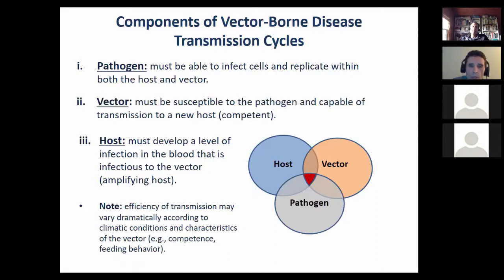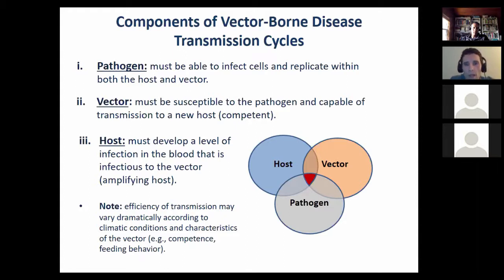Now, one more note I should point out is that even if you have these three things coming together and you do have transmission, the efficiency can vary dramatically depending on different things like the climate and the characteristics of the vector. You'll notice in that first table I showed, a lot of these diseases are tropical, and that's because the ecological conditions just aren't good enough in certain parts of the world where it's not warm enough for transmission to be sustained.